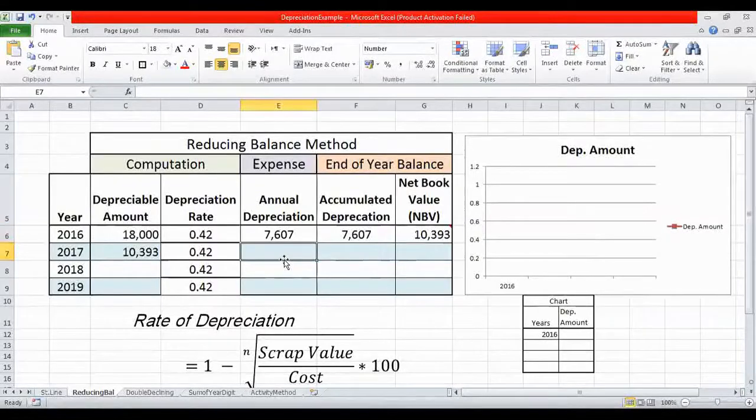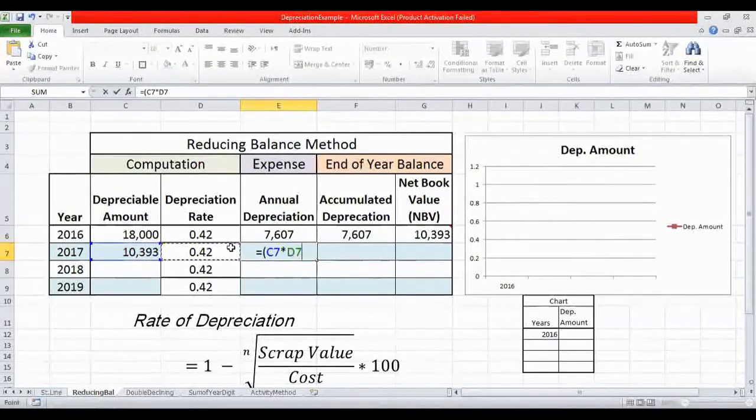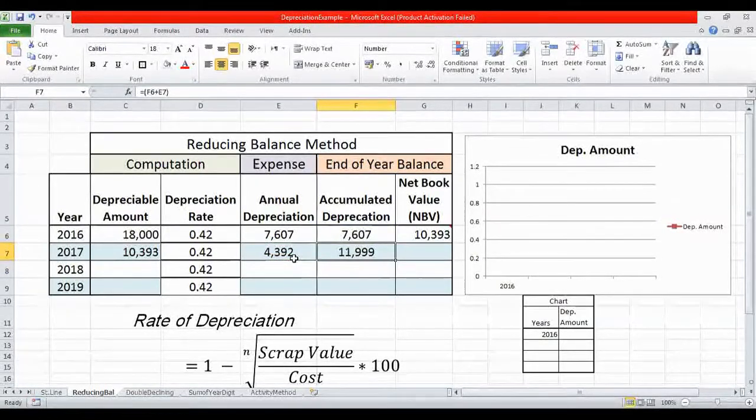So this value times the rate is our depreciation expense. This depreciation expense will be added into accumulated depreciation. So this amount plus this amount is going to become our accumulated depreciation.